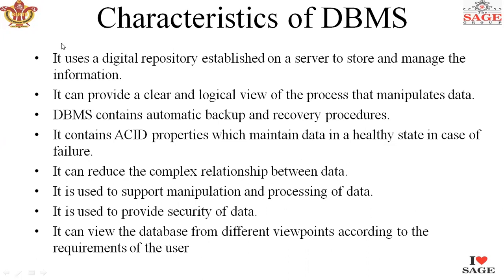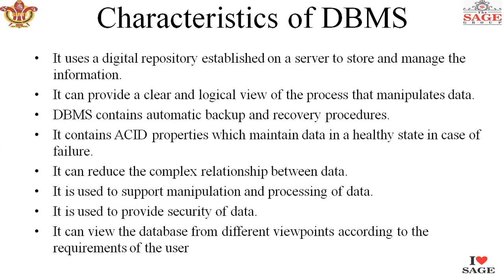So these are the characteristics of the database management system. It uses a digital repository established on a server to store and manage the information. And also DBMS can provide a clear and logical view of the process that manipulates data easily if we want. And DBMS contains atomic backup and recovery procedures. And also DBMS contains ACID property, which maintains data in a healthy state in case of failure.